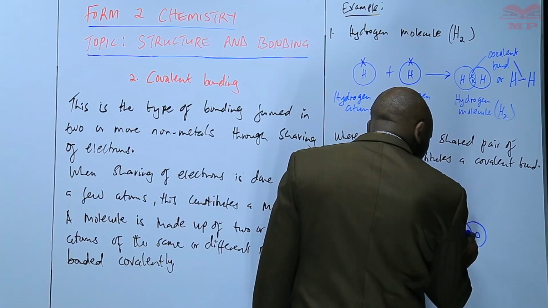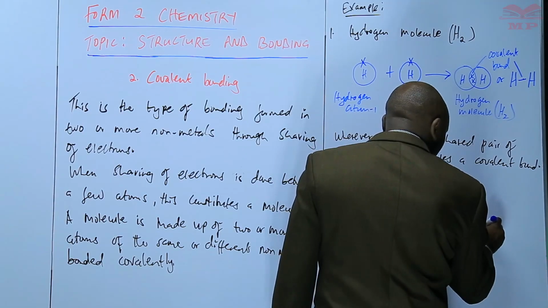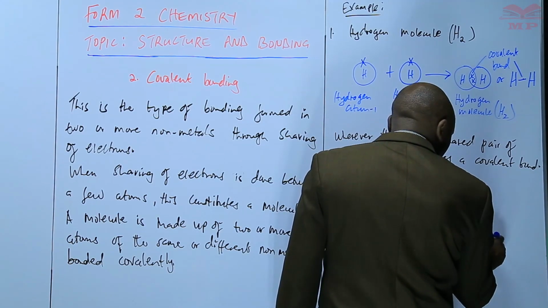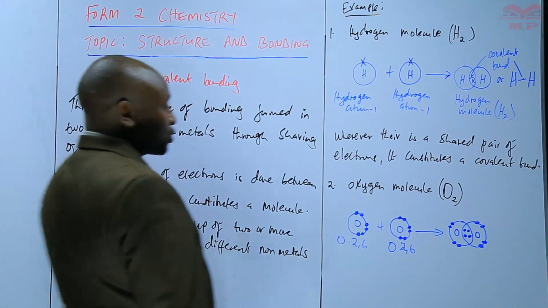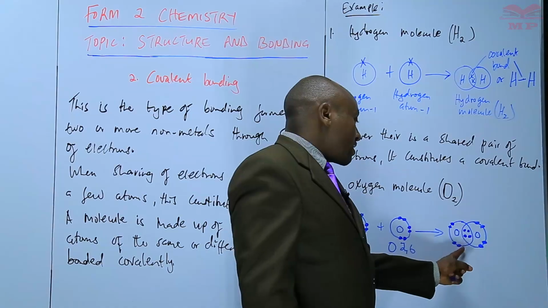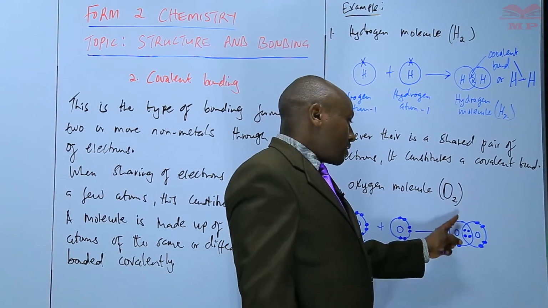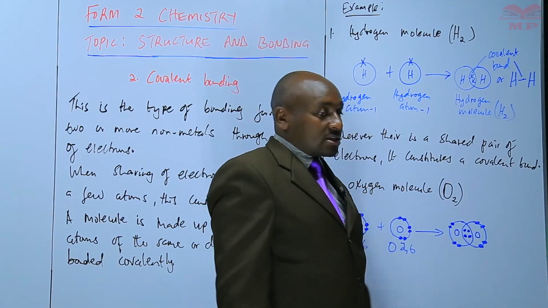And the other one we are left with also 4. So 6 minus 2, you get 4. The minus 2 is the one that has gone into the sharing. So if you count the total, it is 8. 1, 2, 3, 4, 5, 6, 7, 8 for this one, and for the other one it is also 8.